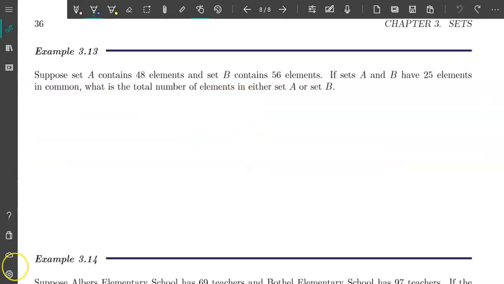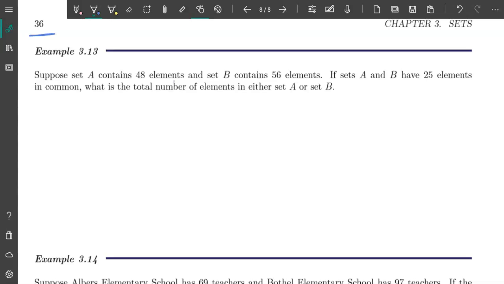Now we're looking at page 36 in your workbook. Example 3.13, suppose set A contains 48 elements and set B contains 56 elements. If sets A and B have 25 elements in common, what is the total number of elements in either set A or set B?